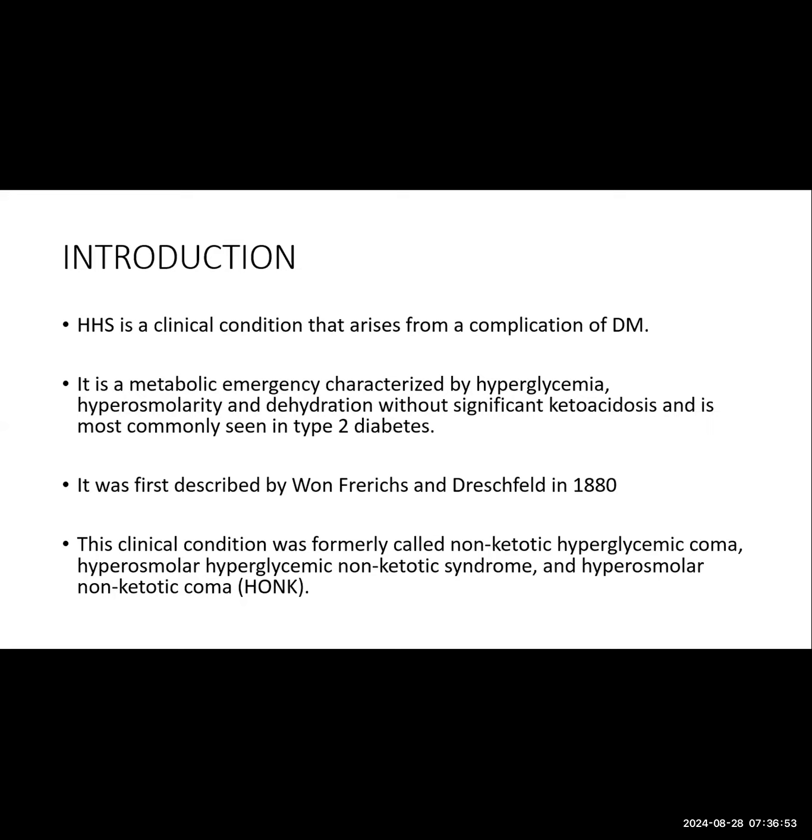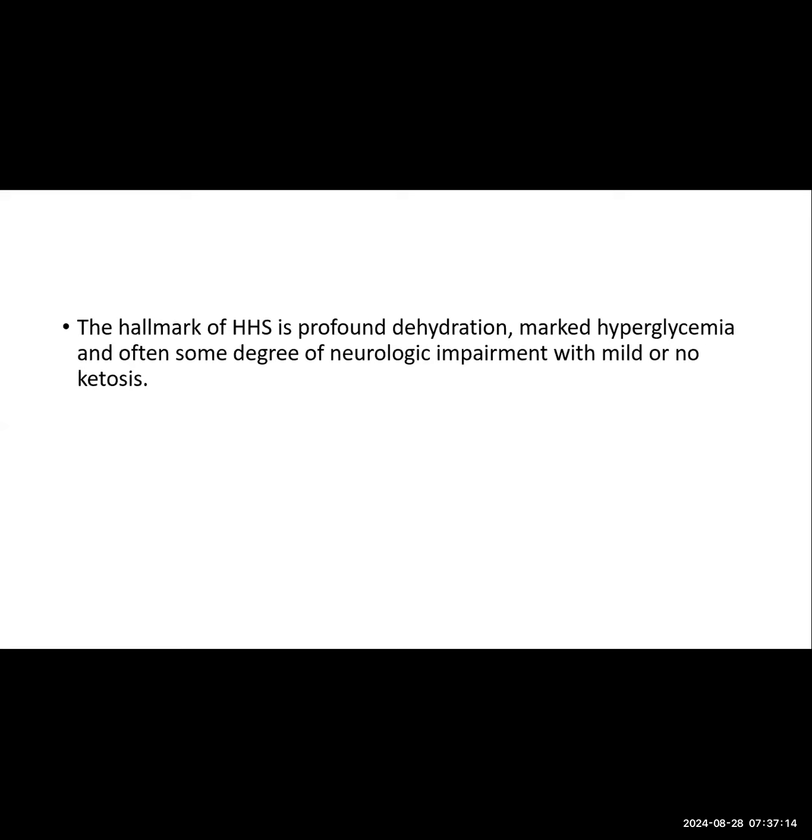It was first described by von Frerichs and Dreschfeld in 1880. This clinical condition was formerly called non-ketotic hyperglycemic coma, hyperosmolar hyperglycemic non-ketotic syndrome, and hyperosmolar non-ketotic coma. The hallmark of HHS is profound dehydration, marked hyperglycemia, and often some degree of neurological impairment with mild or no ketosis.